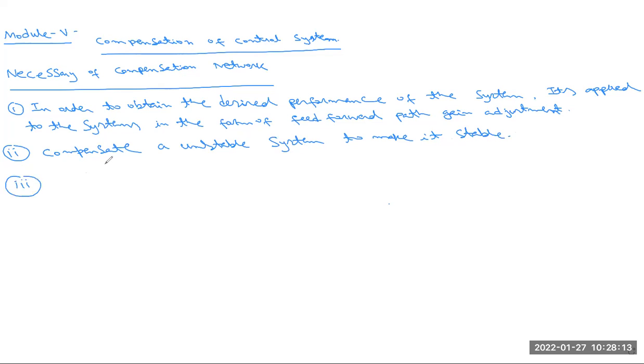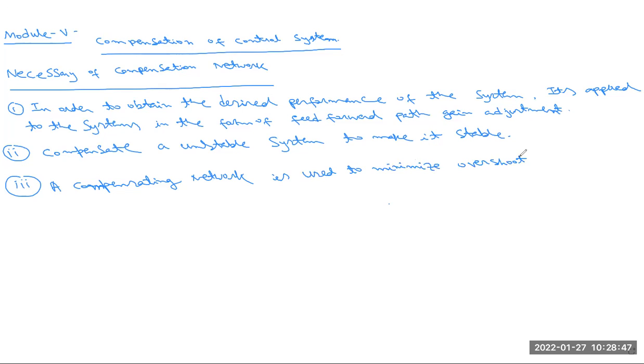Number three, a compensating network is used to minimize overshoot error.